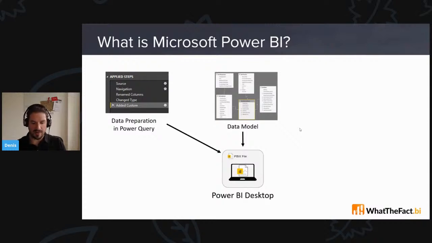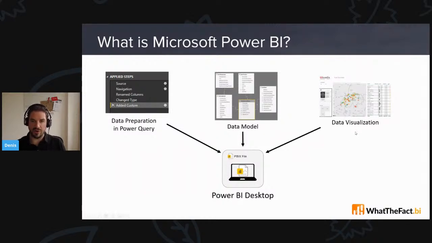So whatever I slice and dice, the relationships are always there. And the third one, this is what we want to get at the end, is the data visualization. After I loaded my data, prepared it, and created my data model, I want to visualize my data like we did right now. And all of this is together in one product, Power BI Desktop.